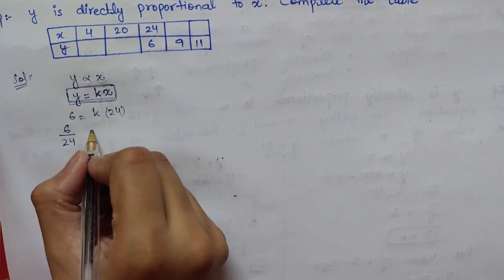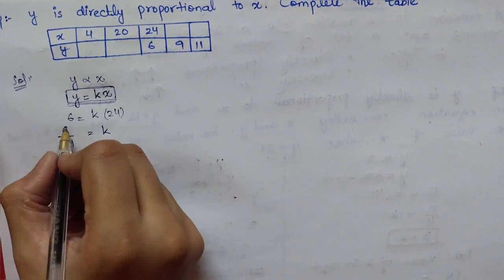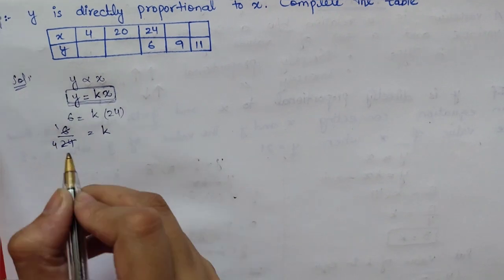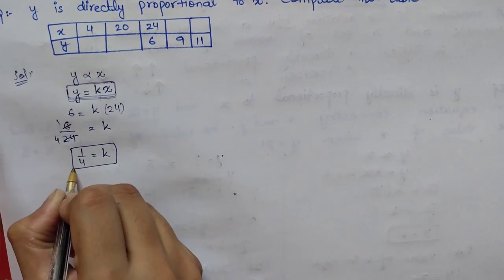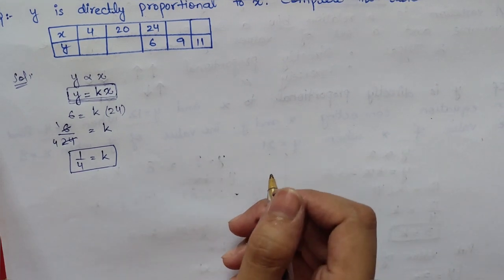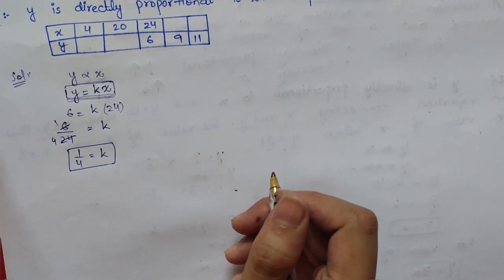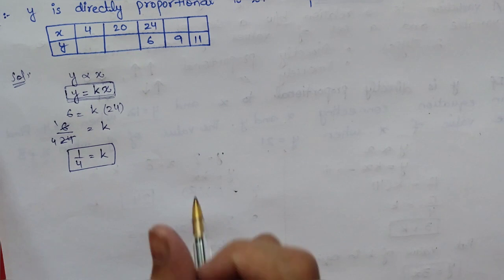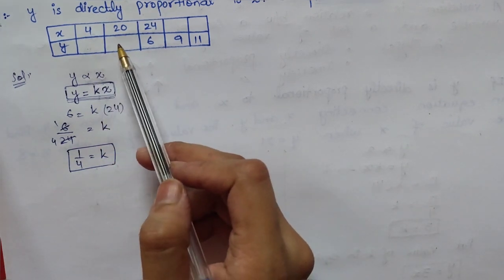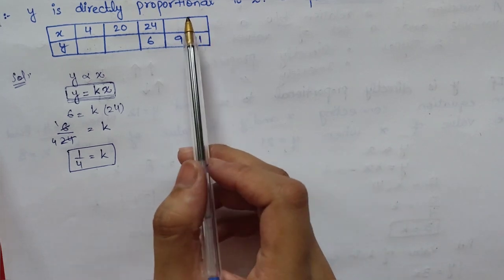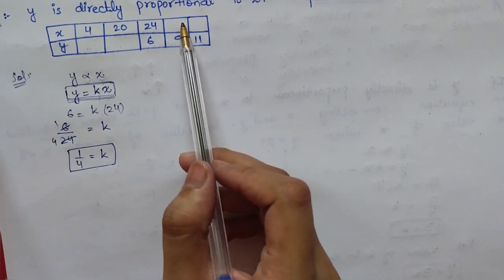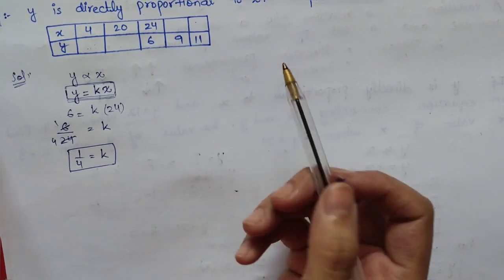It divides by 6, and 6 1 6 and 4. This is 1 over 4, your value of k. We have found the value of k. When we find the value of k, we can easily find the values of y which we don't know, and we can also similarly find the value of x which is not given.